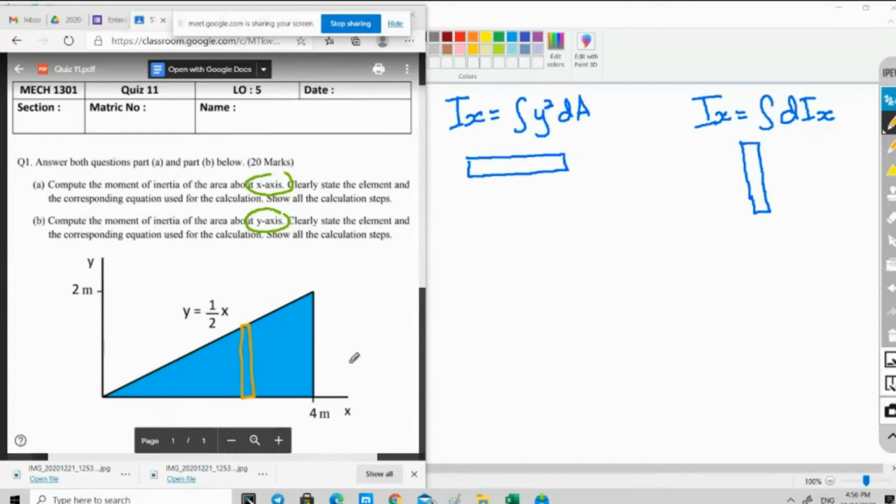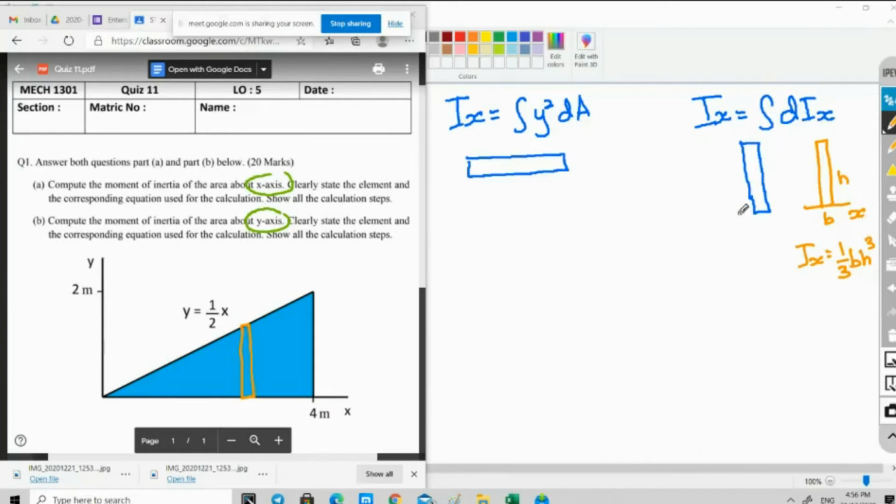If you do this, then that is what we derive using the parallel axis theorem, or you can derive it from the beginning. So if this is the x-axis, and the element is like this, and you have b and h, you will end up with Ix equal to 1 over 3 b h cubed, right?